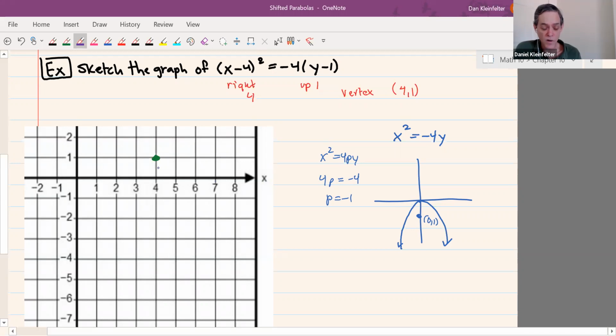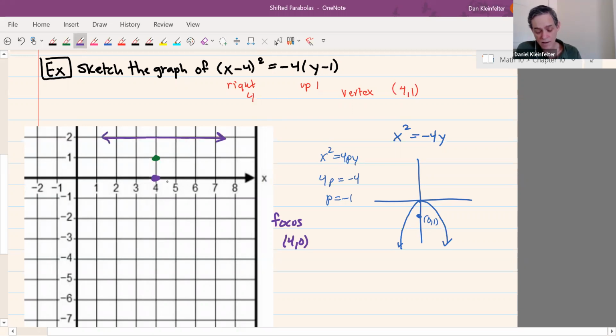And so its focus will be 1 unit below that. So the focus on ours is at 4, 0. The vertex was at 4, 1, which we already noted. The focus is at 4, 0. So then our directrix will be on the opposite side. It will be horizontal.